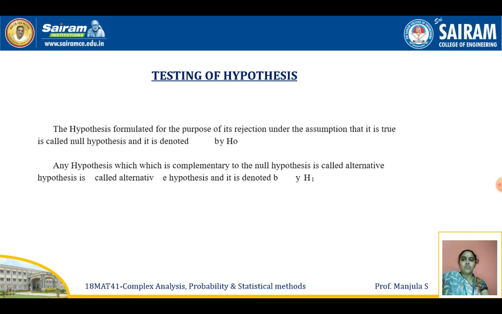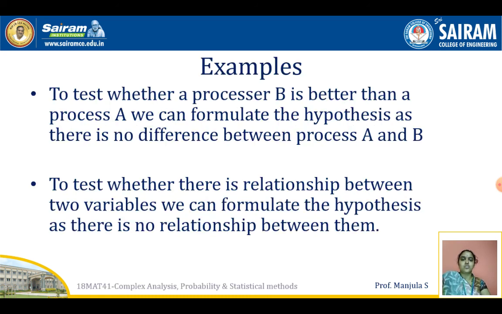The hypothesis formulated for the purpose of its rejection is called the null hypothesis, and we denote it as H naught. The alternative, or complementary, to the null hypothesis is called the alternative hypothesis. We denote that as H1. So null hypothesis is H0 and alternative is H1.